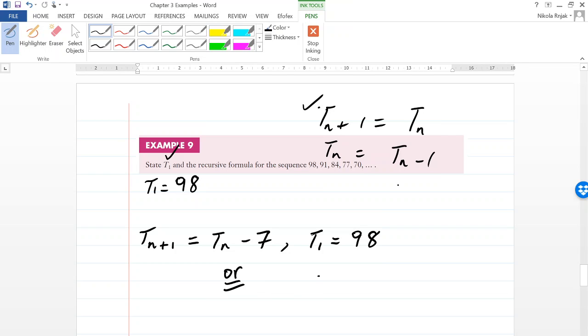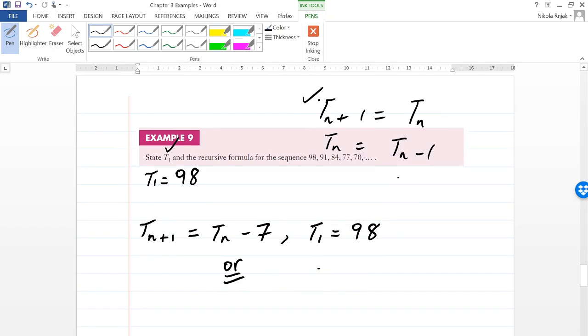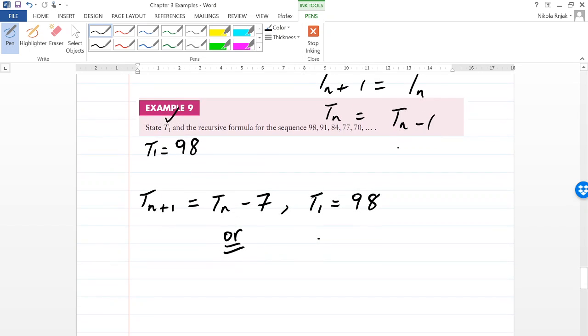If you wanted to write it with the current term being the subject, you could write this like this. So you could say that the current term is equal to the previous term take 7.